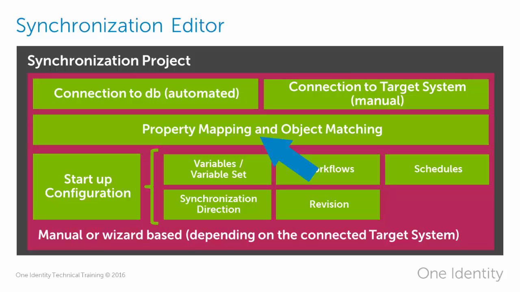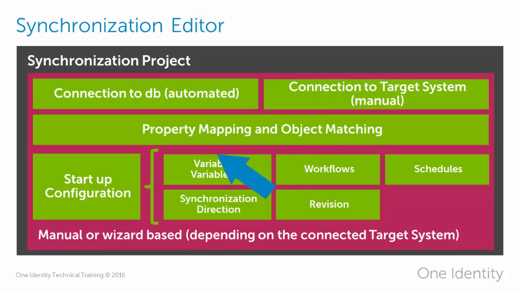Both rule types can be defined manually, but for known target systems like Active Directory or SAP or something like that, there is a standard mapping and matching defined and set by using the connection wizard for that specific target system. For any third-party target systems, or if you like, you can as well do the complete property mapping and object matching manually.